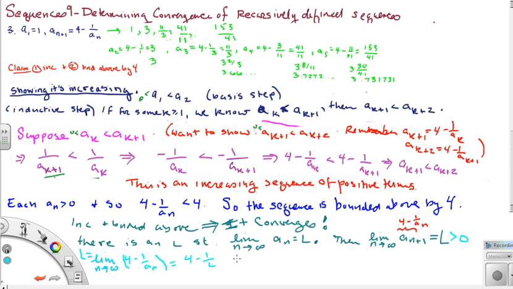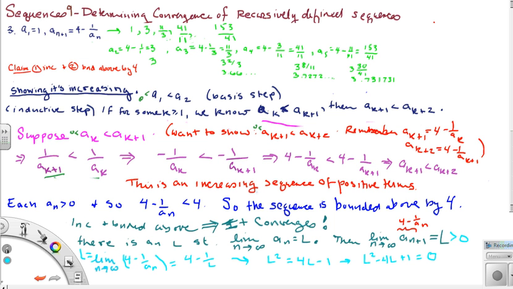So let's multiply both sides by L. This is the equation L equals 4 minus 1 over L, so L squared is equal to 4L minus 1. Or this is saying L squared minus 4L plus 1 is equal to 0.